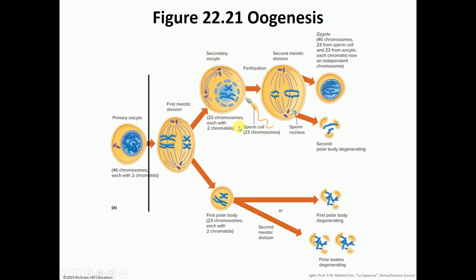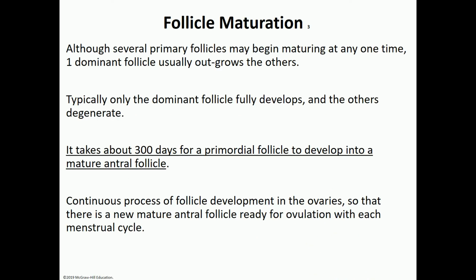It is this secondary oocyte that is ovulated. It is surrounded by a whole bunch of cells that we're going to go over when we talk about what the mature Graafian follicle looks like.